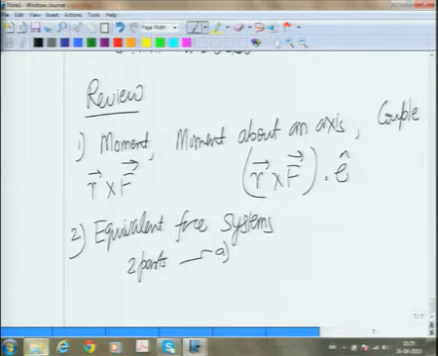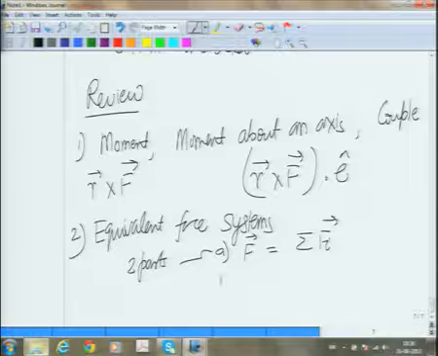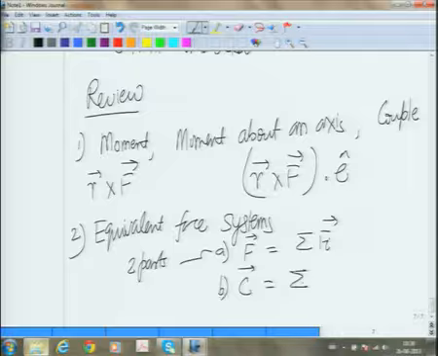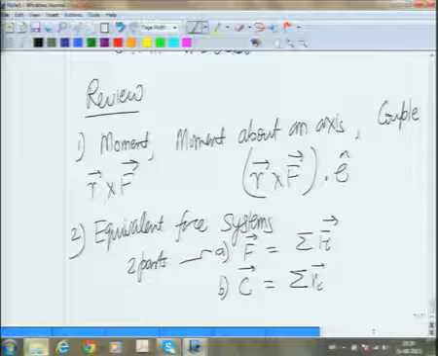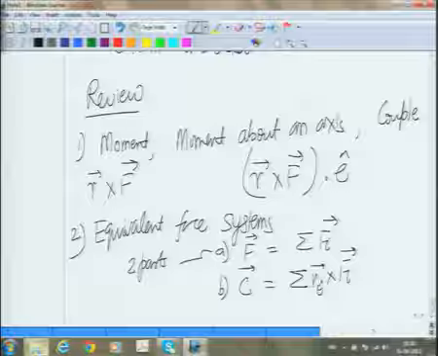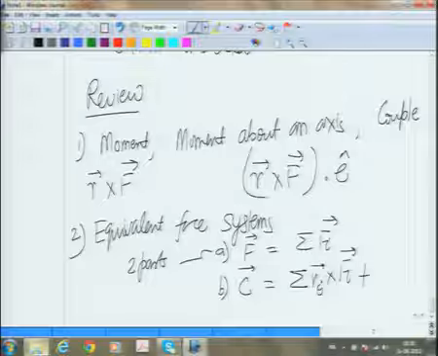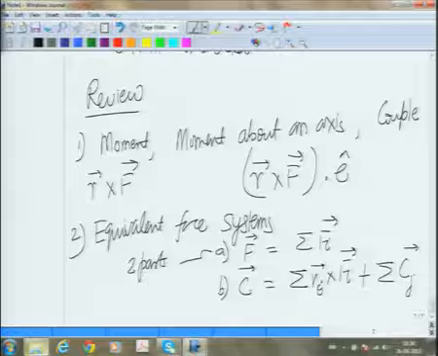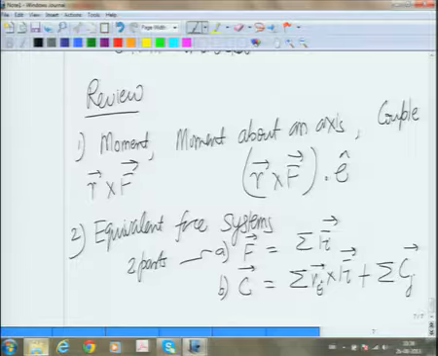Part A is the force, which is equal to the sum of all the forces which are acting on the system, and part B is a couple, which is equal to the sum of the moments of these individual forces plus, if there are any couples which are acting on the system, we add all these, that will give you the net couple about point A.